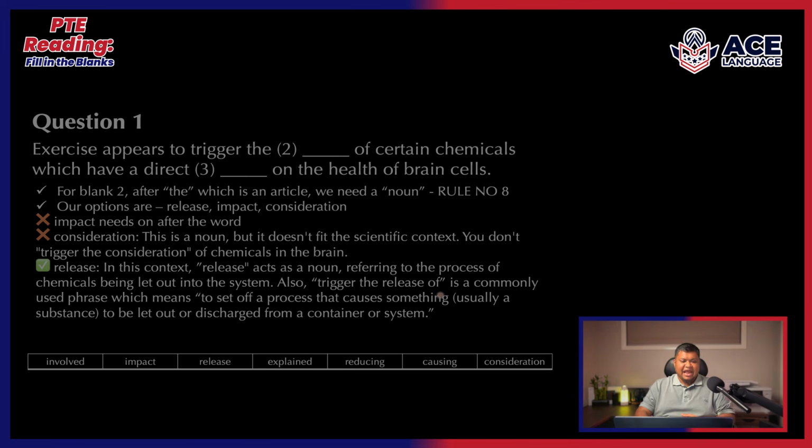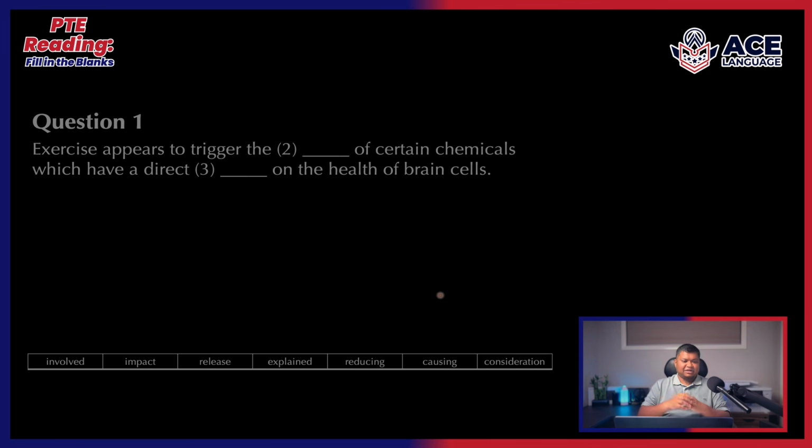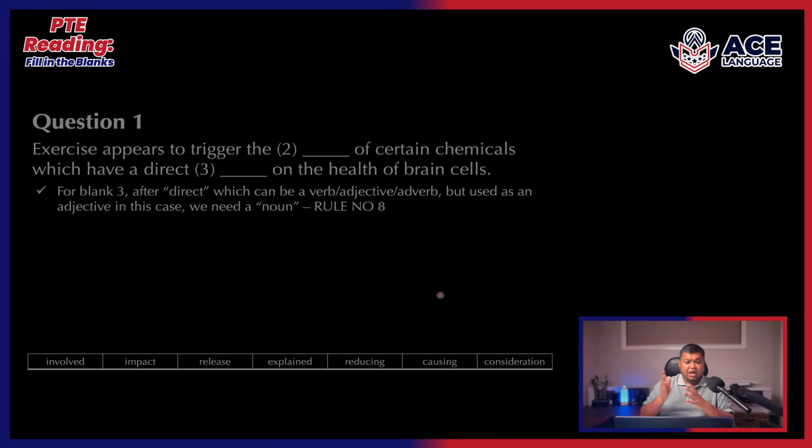All right. And in the immediate next blank, blank 3, we have a direct dash just before the blank. So that means in the blank, it can be a verb or an adjective or an adverb. But if we can remember rule number 8, if we have an article after the noun, we can have an adjective. We should have an adjective after that, right?